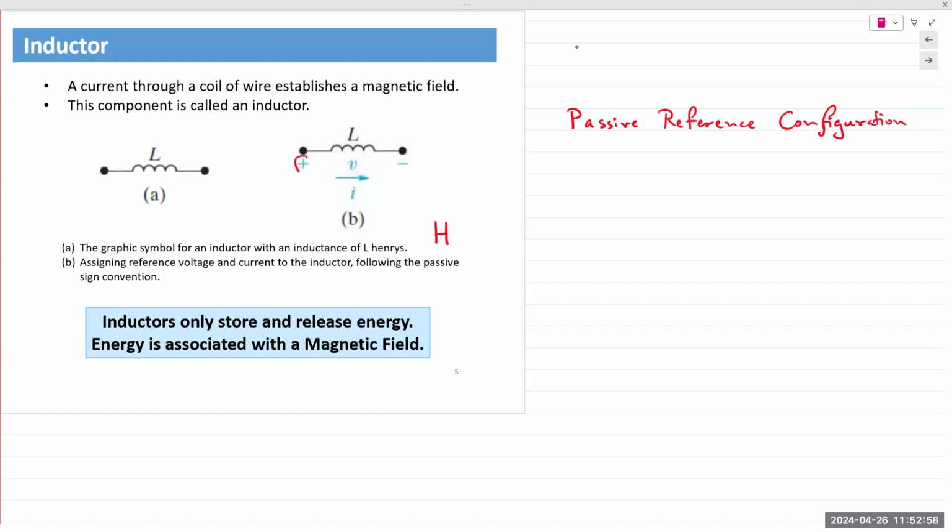When current flows to an inductor, a magnetic field is established, and a voltage is established across that inductor. The voltage polarity follows the passive sign convention. Point of entry is plus, point of exit is minus. And again, to repeat the same energy concept, inductors can only store and release energy. They cannot produce any energy of their own.